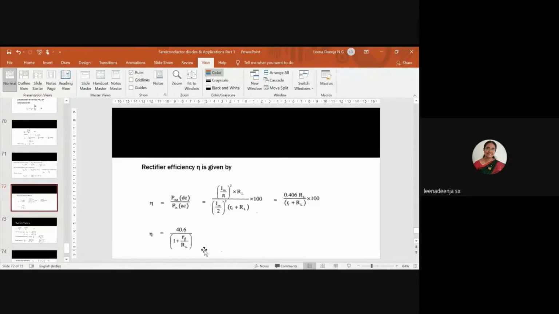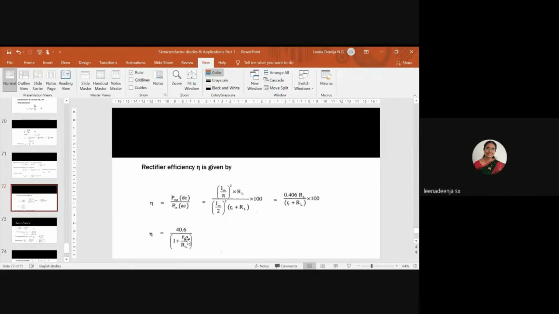Then eta is equal to 40.6. That is the maximum efficiency possible.